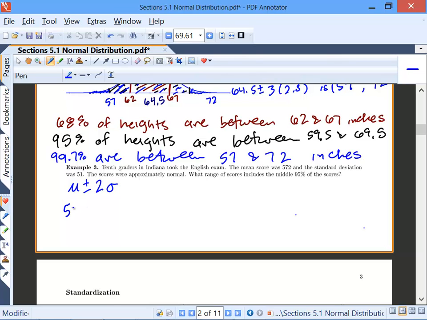So my mean is 572 plus or minus 2 times the standard deviation of 51. So 470 to 674. So the middle 95% of the scores range from 470 to 674.